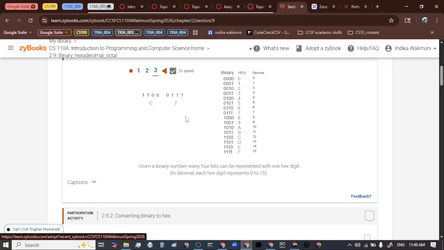So starting from the rightmost bit, we start grouping 4 at a time and go left. The first group of 4 is 0 1 1 1, and we know that is 7 in hex. So we write 7, and then we go to the next group of 4, which is 1 1 0 0. From that table we know that it's C, so we write C. So the conversion is C7 in hex.